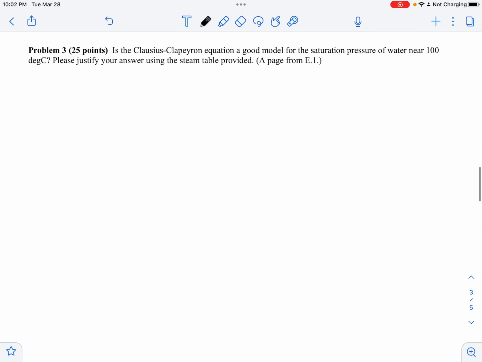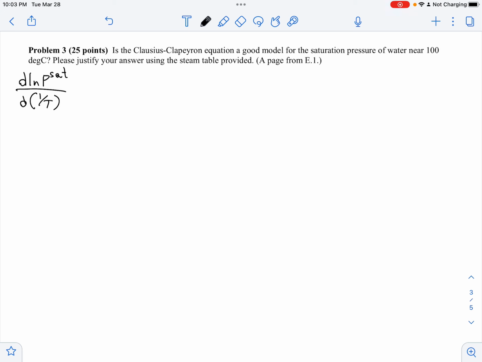So the Clausius-Clapeyron equation, there's a few different forms of it, but the form that I would use is d ln Psat over d(1 over T).